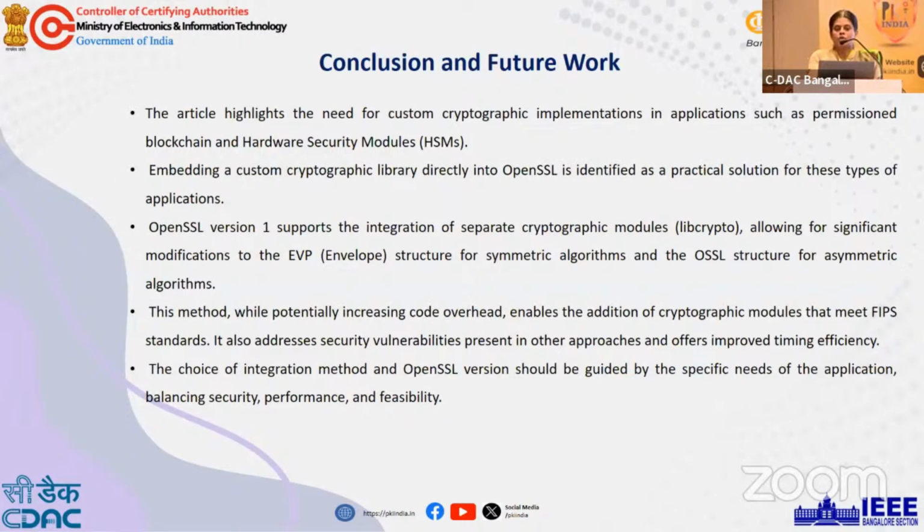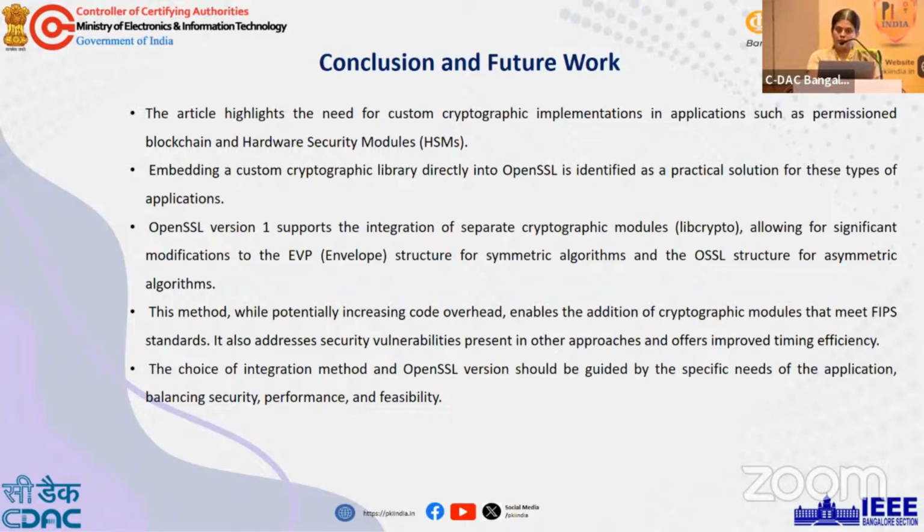So the article highlights the need for custom cryptographic implementation in applications such as permissioned blockchain and hardware security modules. Embedding a custom cryptographic library directly into OpenSSL is identified as a practical solution for these types of applications. OpenSSL version 1 supports the integration of separate cryptographic modules into the libcrypto module, allowing significant modifications to the EVP structures for symmetric algorithms and the OSSL structure for asymmetric algorithms.